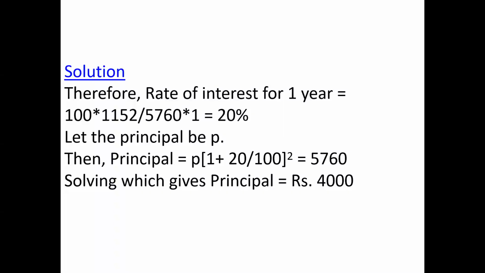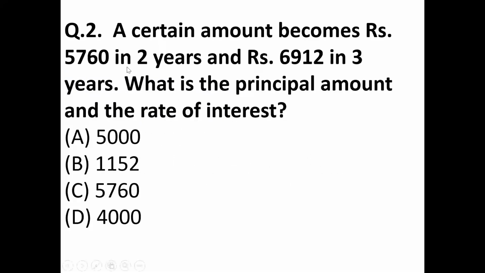So how we can calculate the rate of interest for 1 year? That is 100 into 1152 by 5760 into 1 equal to 20%. Okay, we are getting directly 1 year. Two years, that is given 5,760, and 3 years, that is given 6,912.